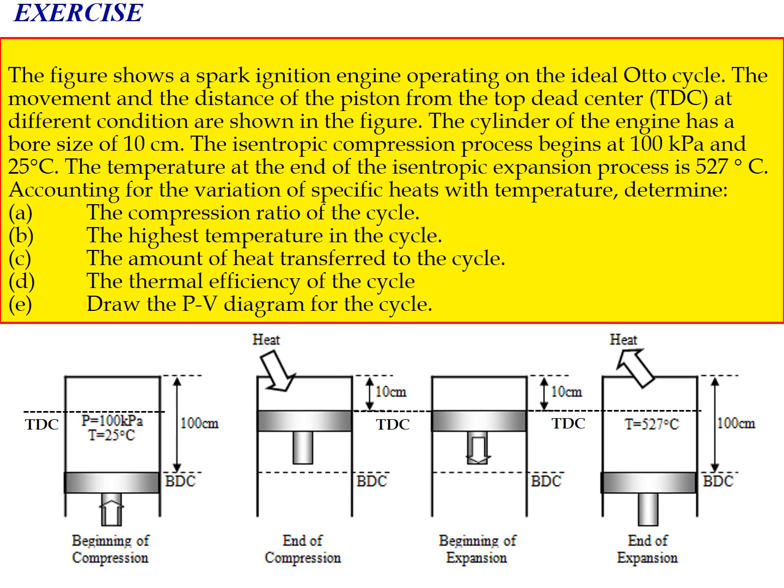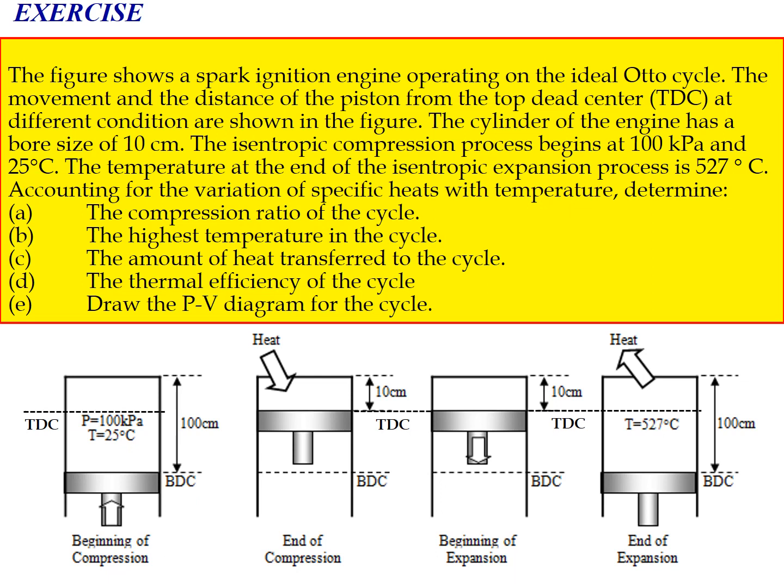This question actually comes from a past final exam question. The figure shows a spark ignition engine operating on the ideal Otto cycle. The movement and the distance of the piston from the top dead center, TDC, at different conditions are shown in the figure. The cylinder of the engine has a bore size of 10 cm.